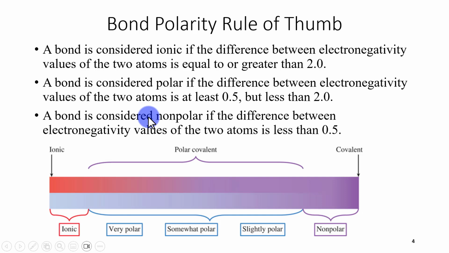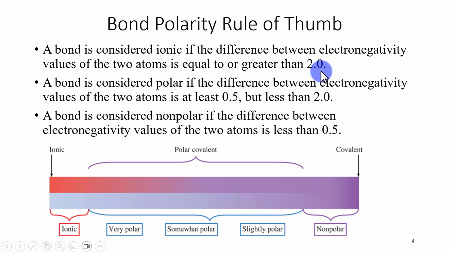The bond is considered nonpolar if the difference between those electronegativity values of the atoms is less than 0.5. So between 0 and 0.5 or less. Okay? That would be this end of the spectrum. So this is the rule that we're going to follow. So 1, 2, 3, we're doing the difference between electronegativity values.